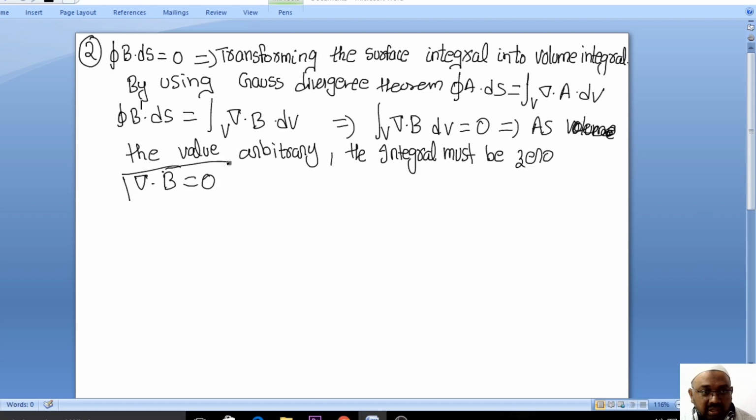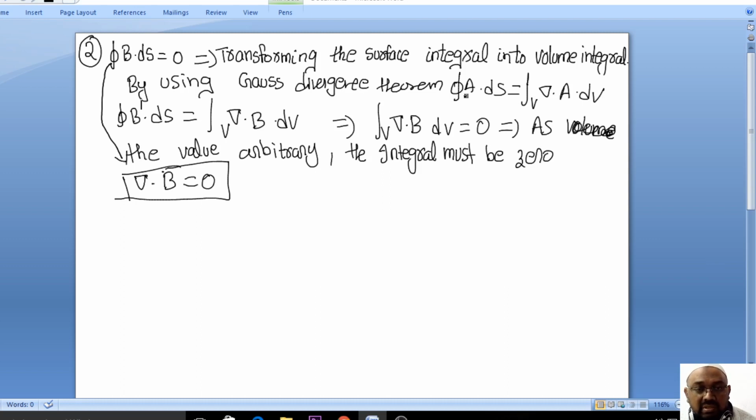We have just converted the integration form into the differentiation form. Again, I'm explaining: we started with the integration form of B dot dS, and transformed the surface integral into a volume integral using the Gauss divergence theorem.